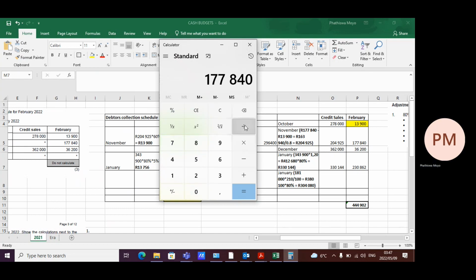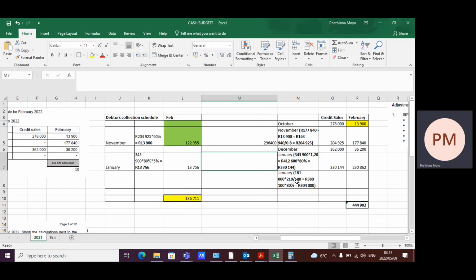177,840 divided by. There you go. Do you see, guys, how we found this? They've already given the 39,900 we're taking out. It's already part of the February calculations.